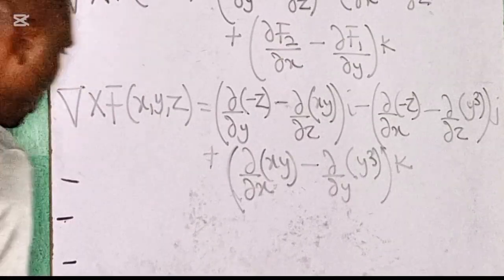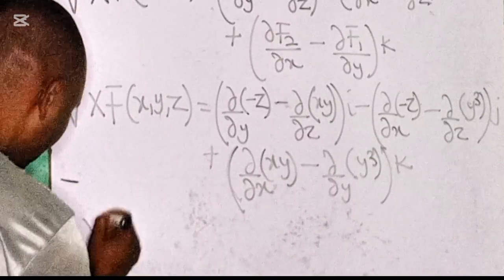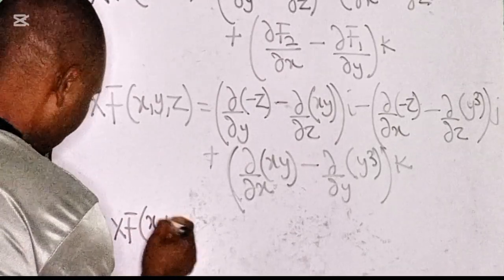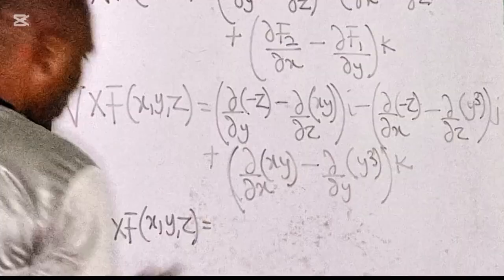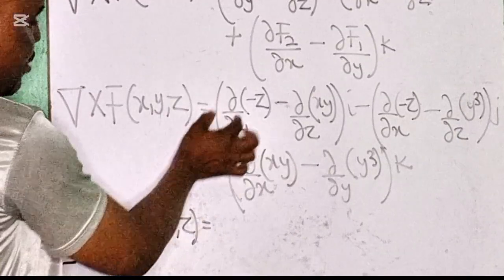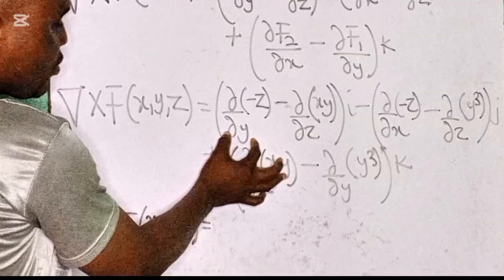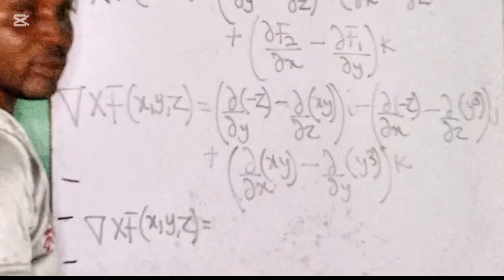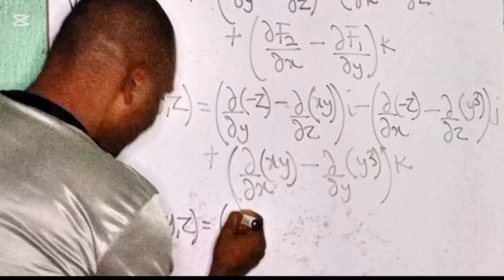So from here, the curl of the vector field is equal to. Now, watch this. I'm looking for the partial derivative of this particular function with respect to y. But there is z, so that means here is 0. Don't forget, I'm having 0.